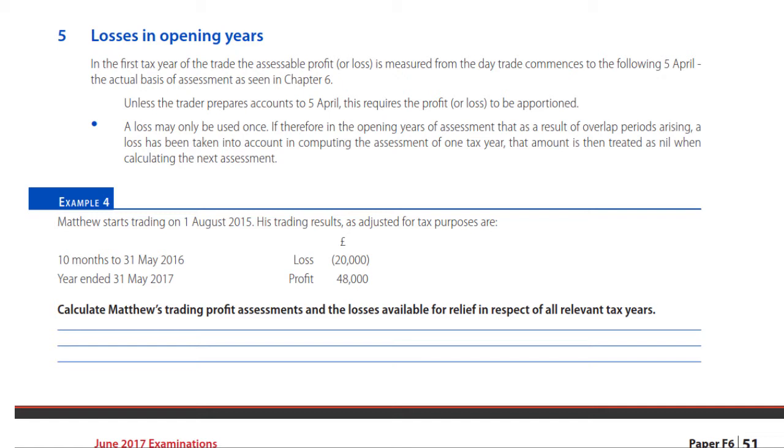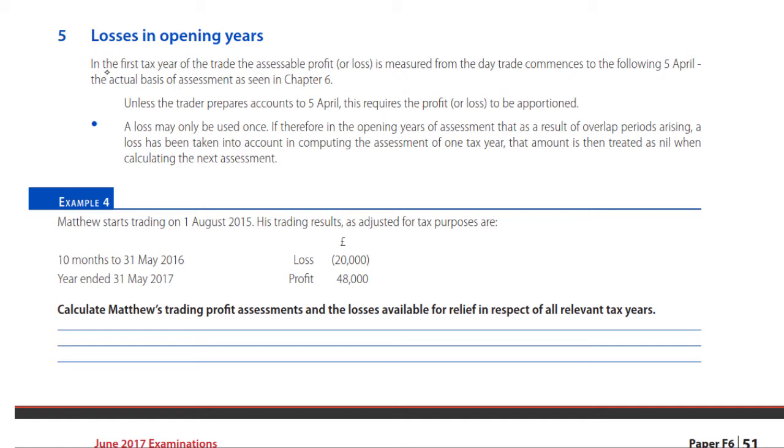If that is the case, then in the second and maybe in the third years, we have to determine which 12 months of profit will be assessed. So you need to go back and look at, if you haven't already revised or already know, what those rules are, because now into that problem we have the added problem of dealing with our losses.